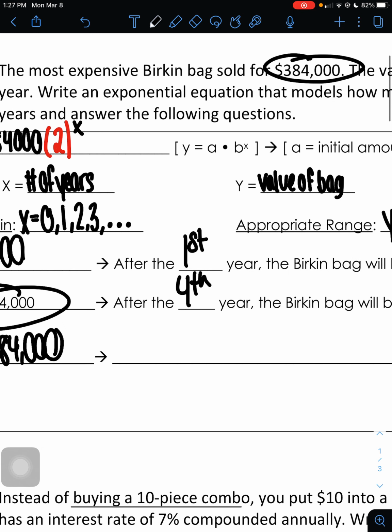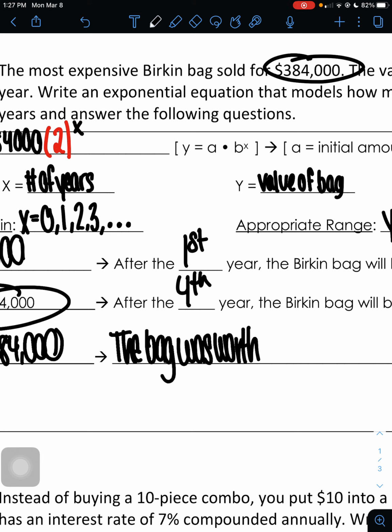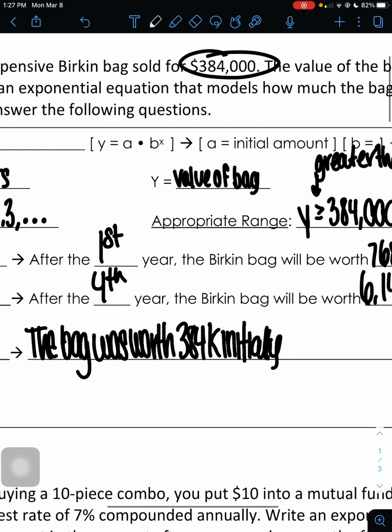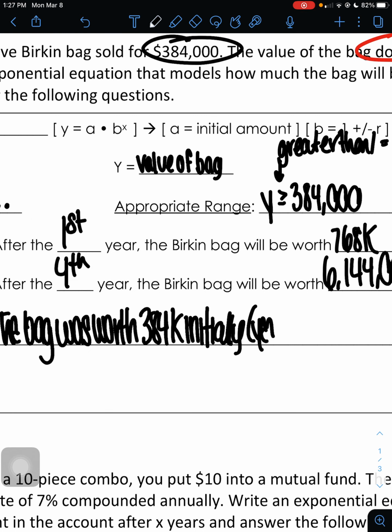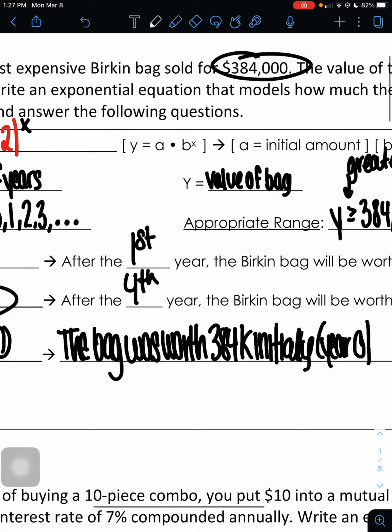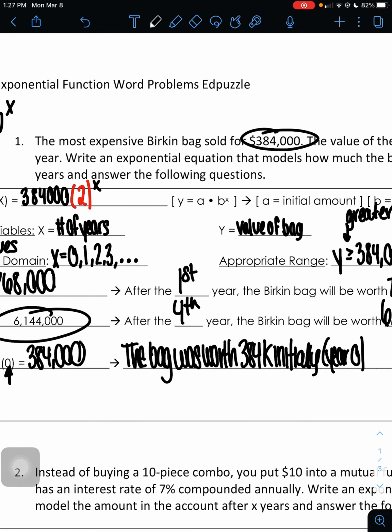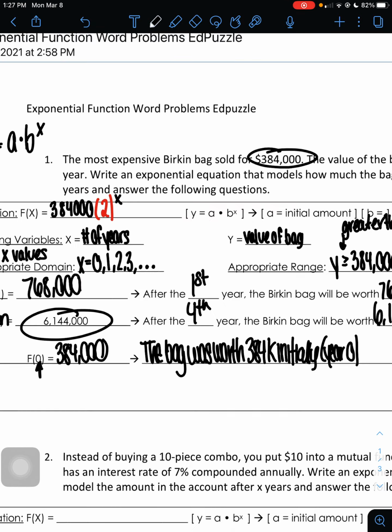So that right there is telling me the bag was worth $384,000 initially. And another word we could say for initially is just year 0 when we first bought it. So hopefully that helps clear up any of the confusion that happened during class.